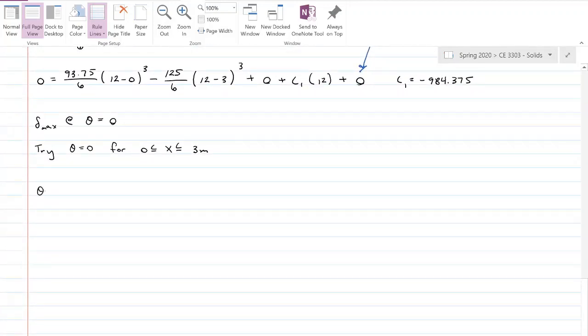So theta is equal to 0 is equal to 93.75 divided by 6 divided by 2, we're using theta, goodness gracious, times x minus 0 squared. So I want this one because x can be greater than 0, so that means x is greater than a, so we're good.